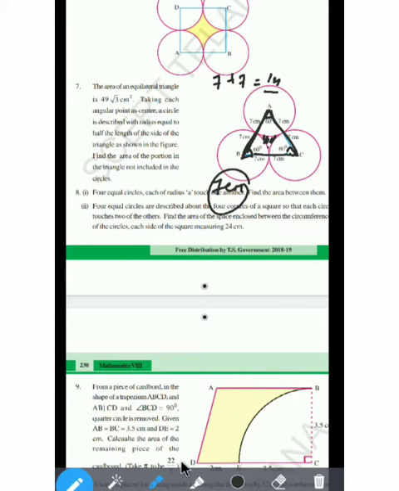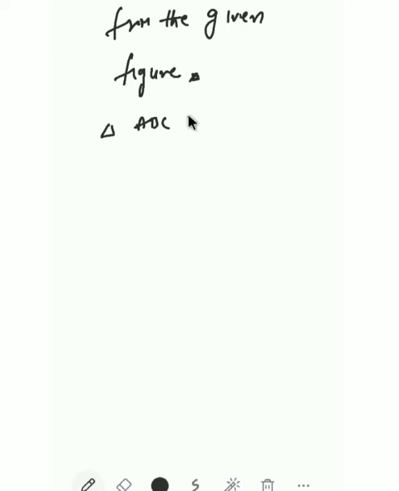Let us take the whiteboard. From the given figure, what can we write? Triangle ABC is an equilateral triangle.